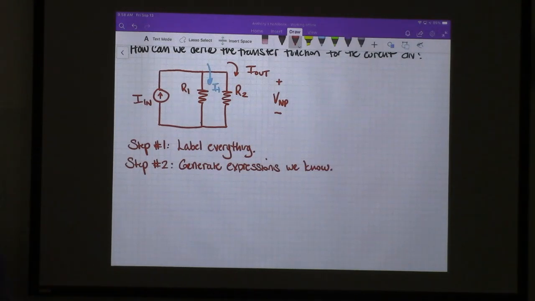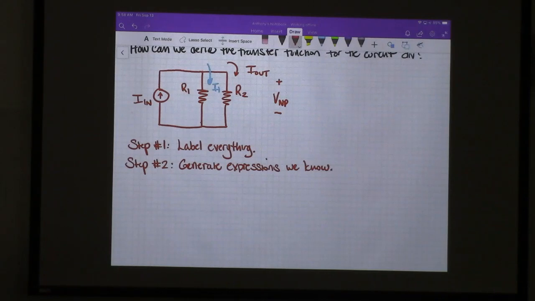So for those of you who think that the class is maybe creeping along, you'll get what you're looking for soon. But I do like to spend a little bit of time here in the beginning just to make sure that we're fleshing out all the questions people have about the most basic aspects of circuit analysis. Again, applying Ohm's law, applying KCL, applying KVL properly, all those sort of minuscule things.